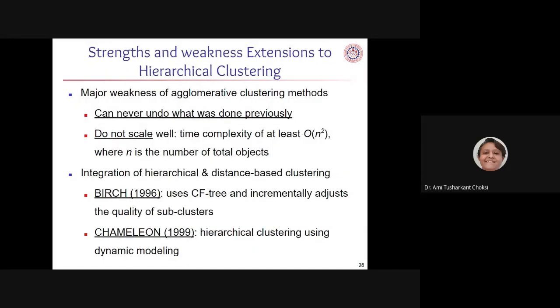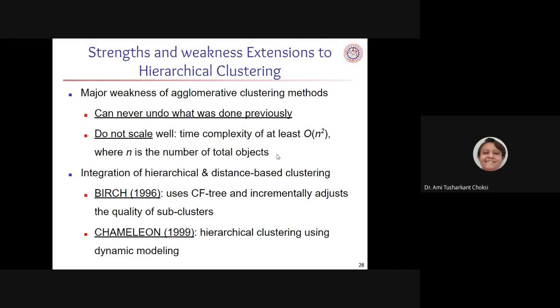Now, strengths and weaknesses, and extensions to hierarchical clustering. The major weakness of agglomerative clustering methods is that it can never undo what was done previously. Undo is not there. They do not scale well: the time complexity is at least order of n squared, where n is the total number of objects.